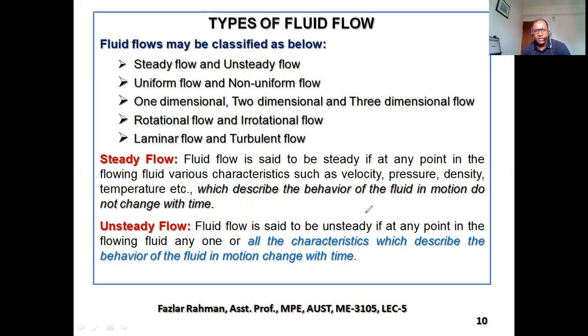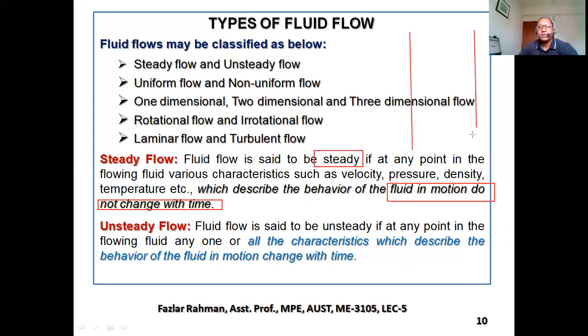Now we say steady flow. Fluid flow is said to be steady if at any point in the fluid, the various characteristics such as velocity, pressure, density, temperature, which describe the behavior of the fluid in motion, do not change with time. That means in a river, a fluid particle is passing with a certain velocity at this point.